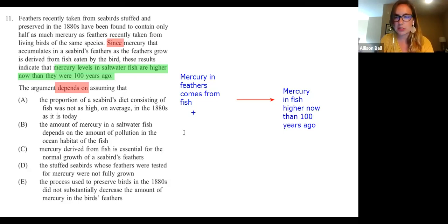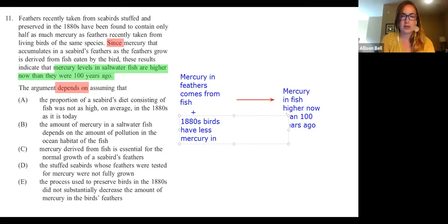Can you tell me in the chat window who has less mercury in their feathers? Is it the modern birds or the old birds? Yeah, it's the old birds. Modern birds have more, okay? So the 1880s birds have less mercury in their feathers.